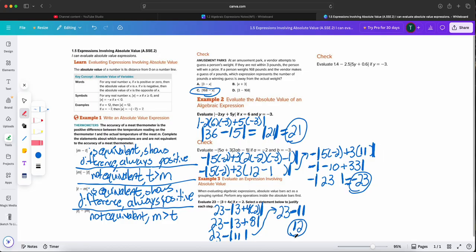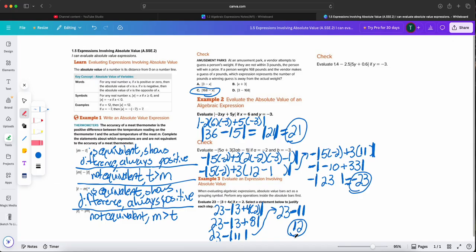Now to justify, you would have wanted to say what your steps were. I didn't have enough room here, so I'll just say what the steps were. When I plugged in 2, my statement would have been replace x with 2, by substitution. Then I took the 4 times 2, so my second step, where I have that 8, I would have written multiply 4 times 2 equals 8.